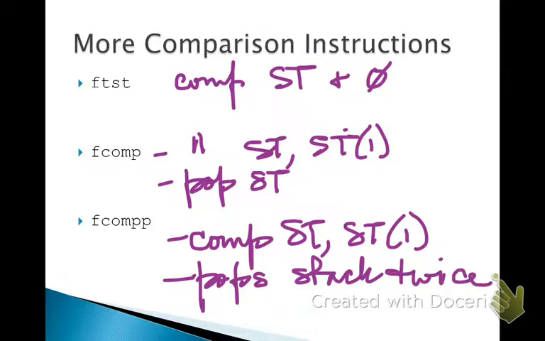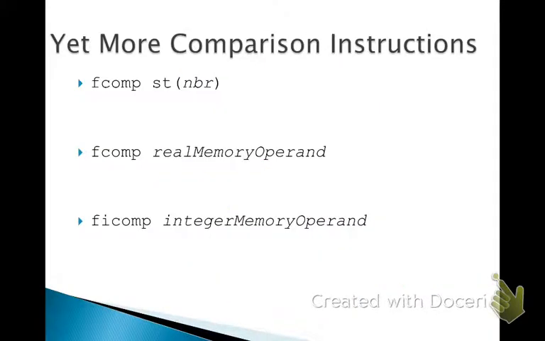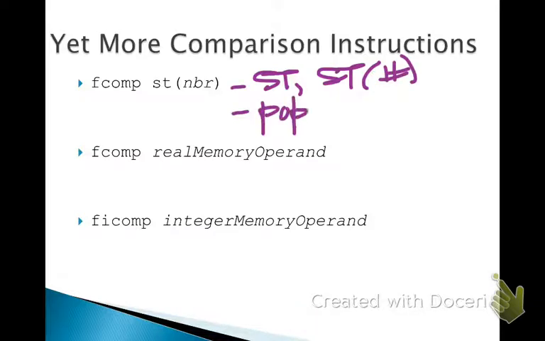All right. So when we do those comparisons, what do we do? Well, let me show you a few more. Then we'll talk about what we do with the results of those. This one is going to compare stack top and stack top number, and then pop stack top. Okay.